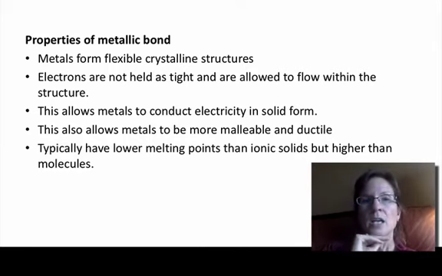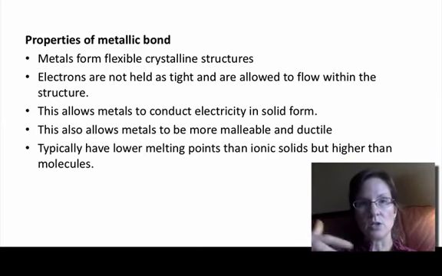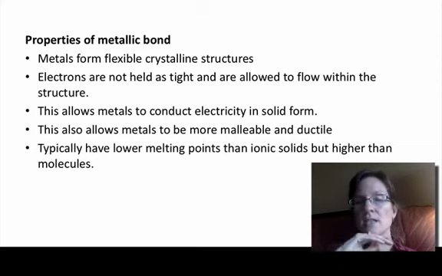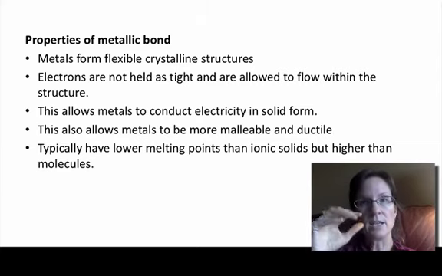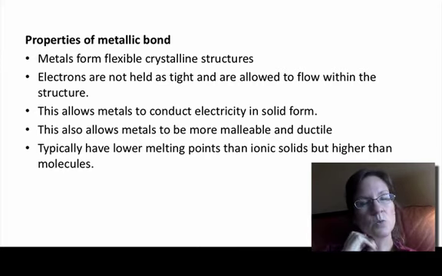Another property of the metallic bond is that they can make alloys, which in class we will be doing the penny alloy lab. Essentially, because of the flexibility within the structure, because of the sea of electrons, metals are more easily able than lots of other things to mix together, to replace each other essentially.